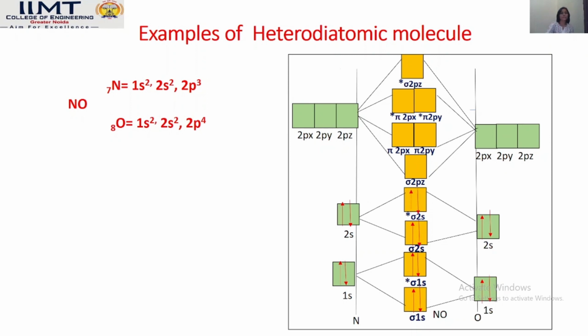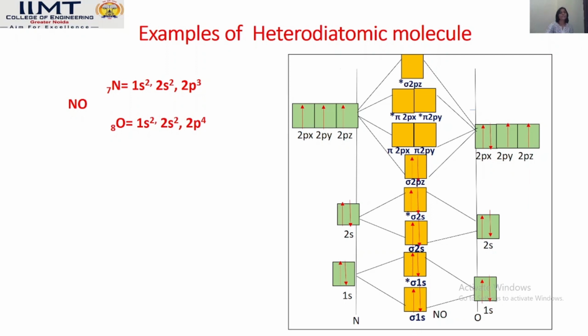Oxygen contains 4 electrons in p orbitals and nitrogen contains 3 electrons in p orbitals. Now we fill the atomic orbitals of nitrogen, 2px, 2py, 2pz. Now the 2p atomic orbitals of oxygen are filled, 2px first singly occupied, 2py, 2pz. Now pairing is going to start. Now electrons are going to be filled in sigma 2pz.